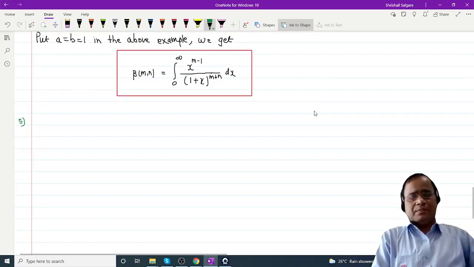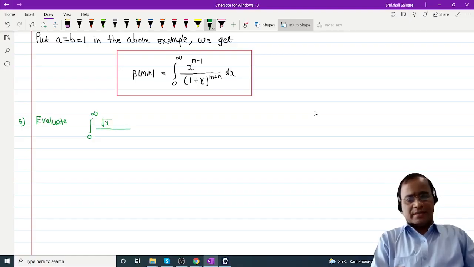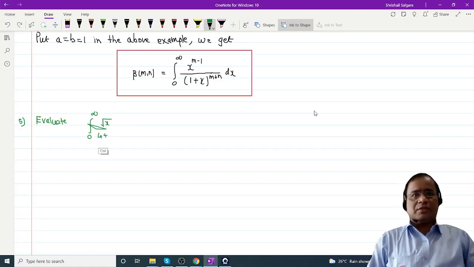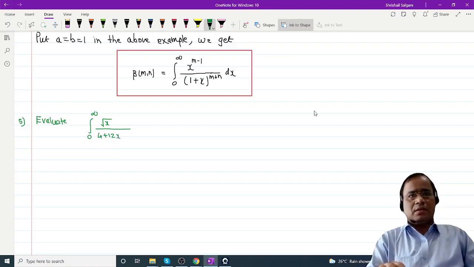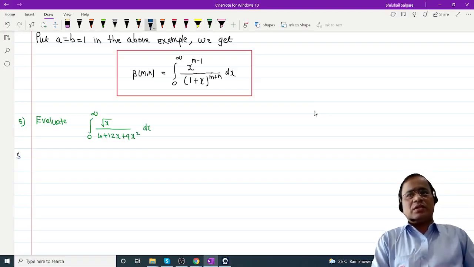Evaluate the integral 0 to infinity, root x divided by 4 plus 12x plus 9x square, dx. Yes, anyone can tell. So what I have to do here?